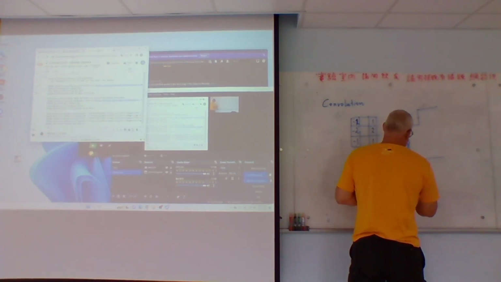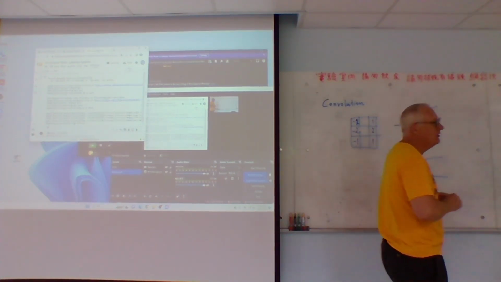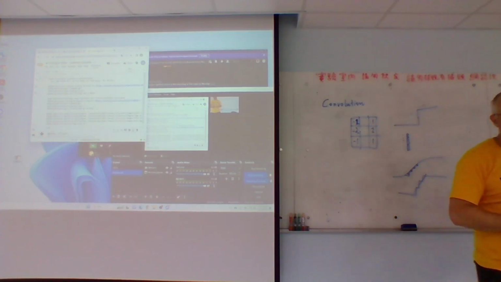But you may get something like that, where you get 3 edge pixels, side by side, adjacent to each other.